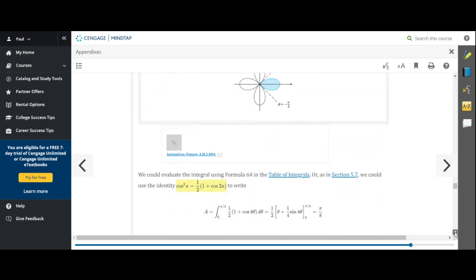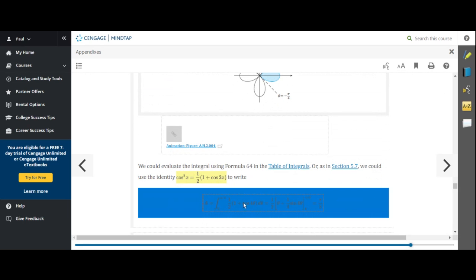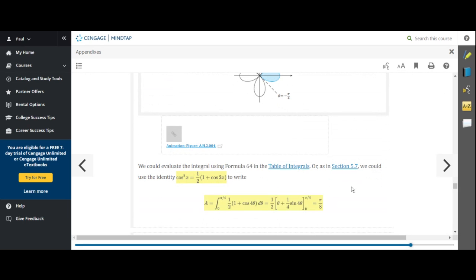Using this identity, for cosine squared of x, x is going to equal 2 theta. So cosine squared of 2 theta would be 1/2 times 1 plus the cosine of 2 times 2 theta, which is 4 theta. This is how you get your answer. Take a look at it. Let me know if you have any questions.